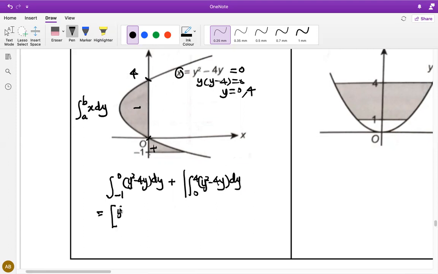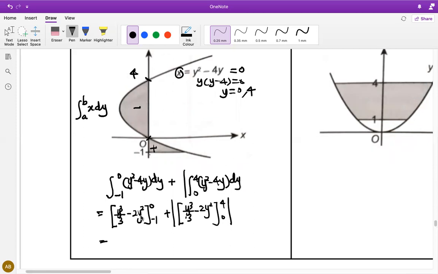So you get y cubed over 3 minus 2y squared from -1 to 0, and then plus the same thing, but you remember to put modulus, from 0 to 4, modulus.